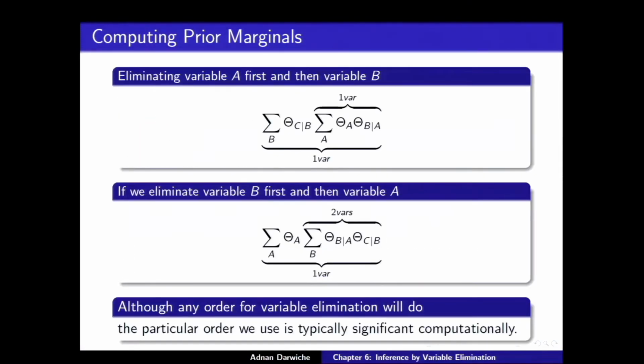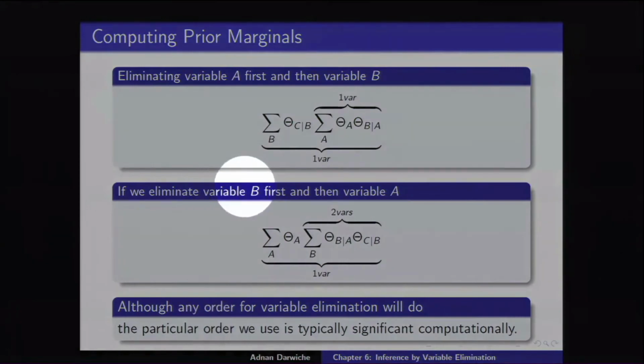Now look at the other order. Now I reversed the order. I eliminated b first and then a. Look what happened. Eliminating b, I have to multiply these 2 factors first because these are the 2 guys that mention b. Then I get a factor over 3 variables. I eliminate b, then I get a factor over 2 variables, a and c. And then eliminating a, I multiply that with this guy, da.